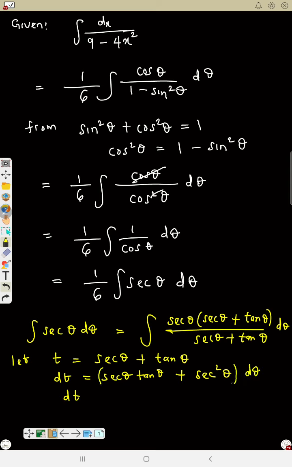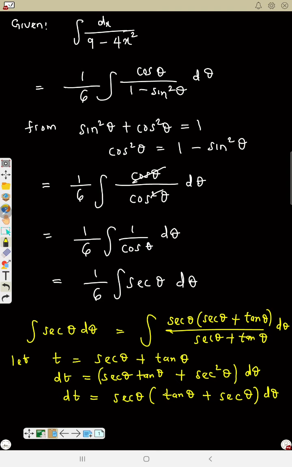So now what is common here? You can see sec theta is common here. So that means dt becomes sec theta brackets, then it will remain tan theta plus sec squared theta, sorry, plus sec theta is common. So if sec theta is outside, this one will remain just 1, because 1 is common, d theta.